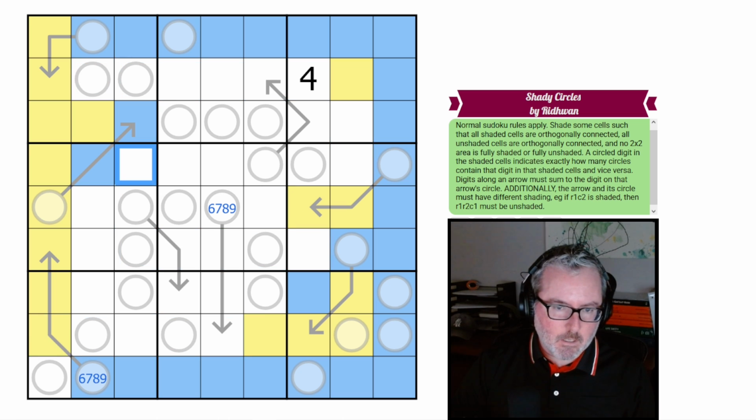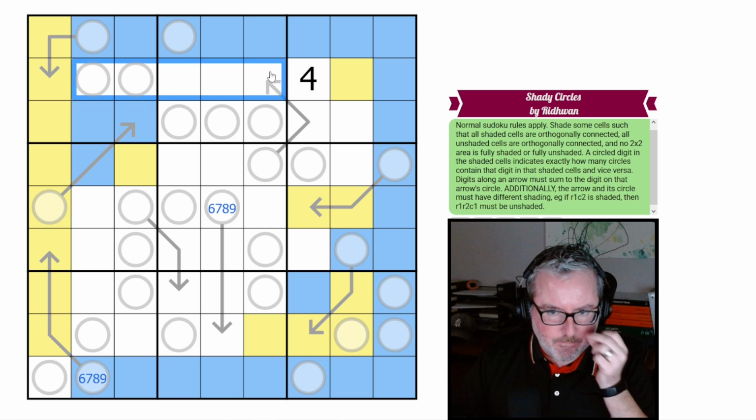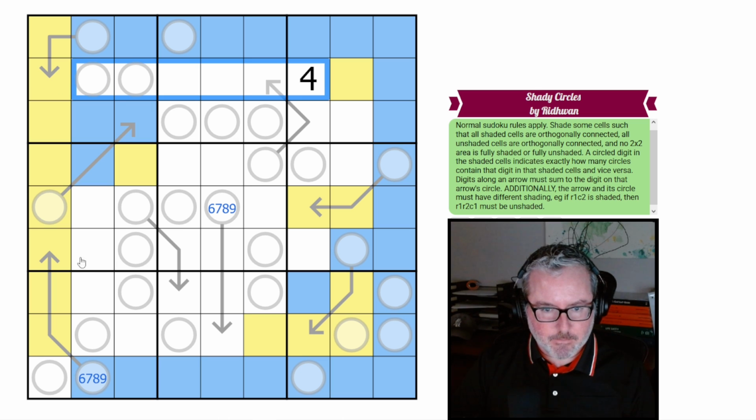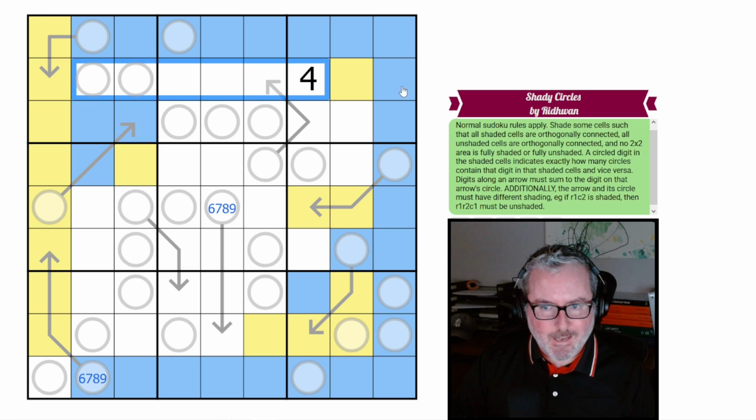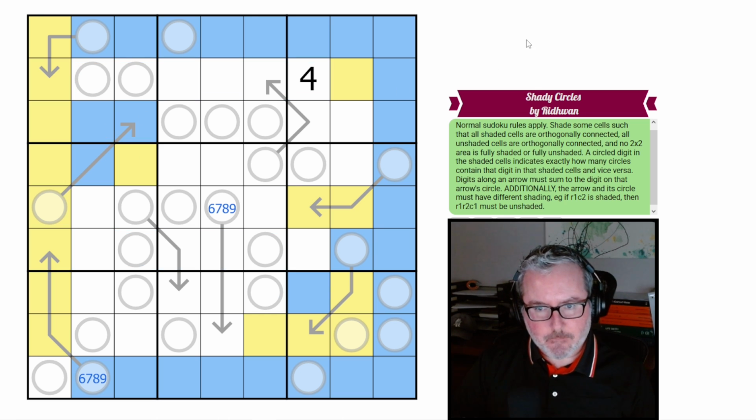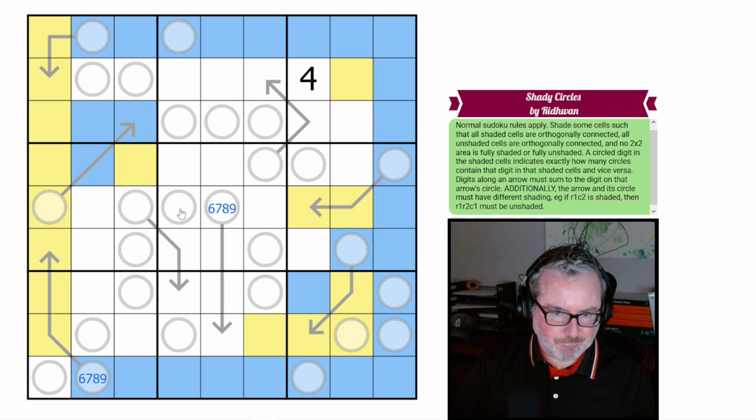So I think that is incorrect, and this must do this. Yeah, because now there's freedom for the yellow to find a couple of paths out if it needs it. Okay.